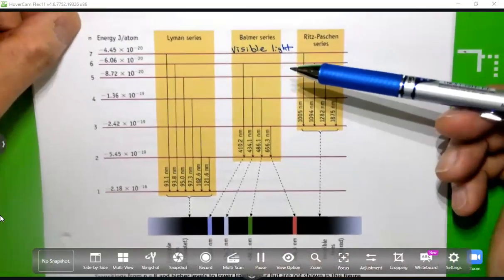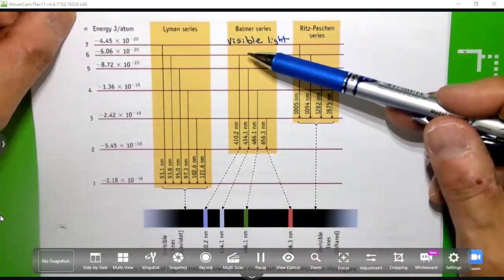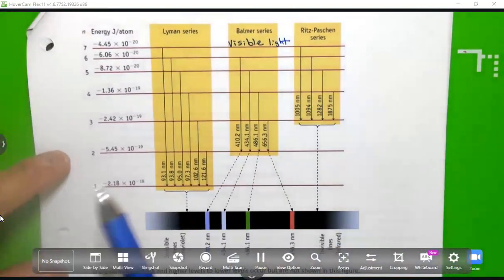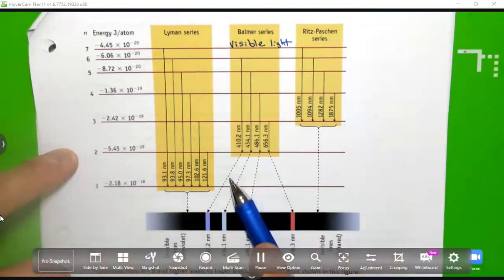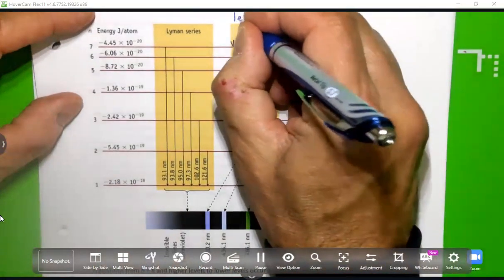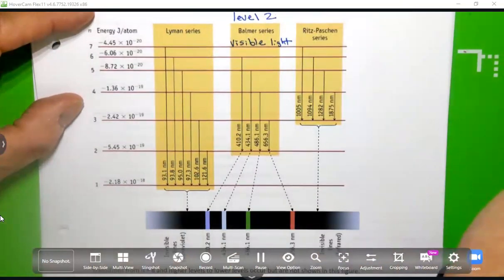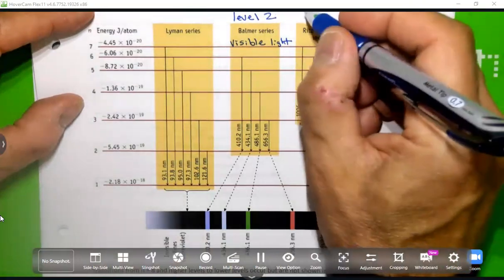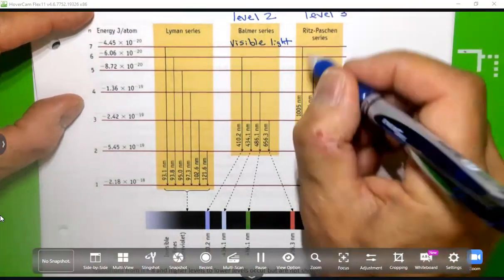Notice that we only see visible light when the electron drops back down to energy level 2. Energy level 2, we see visible light. The Paschen series drops back down to energy level 3.